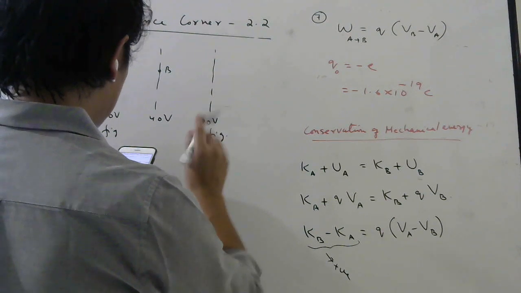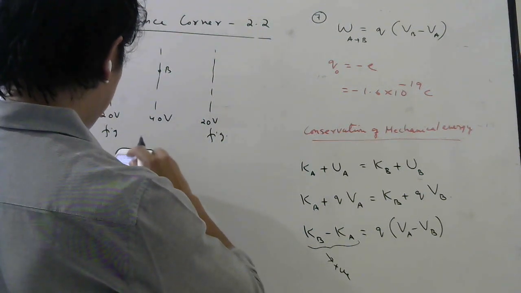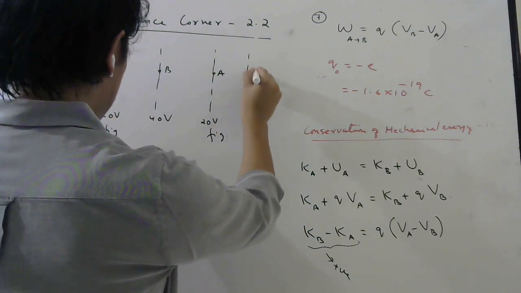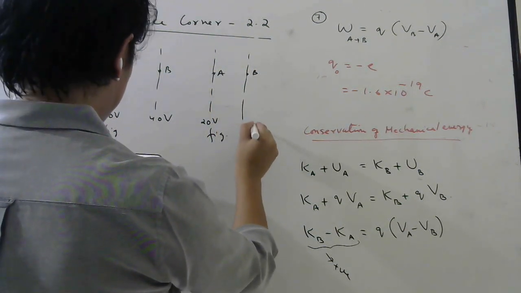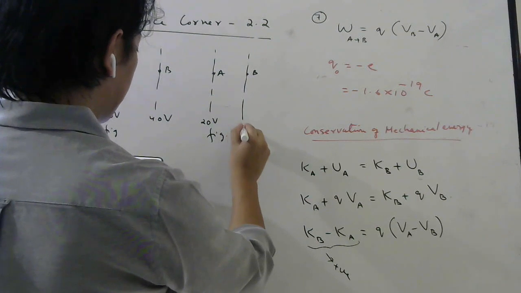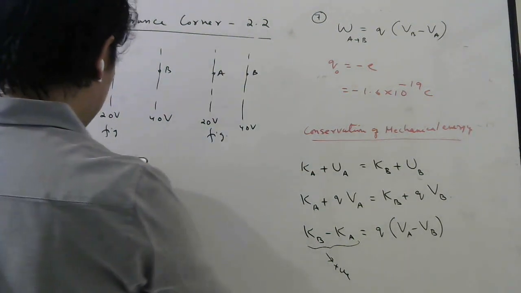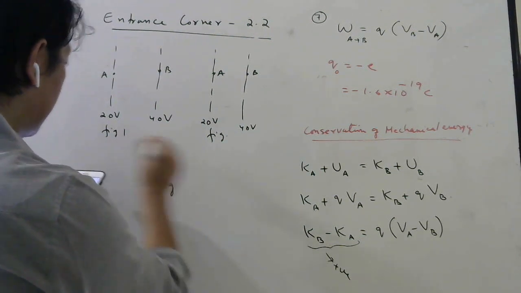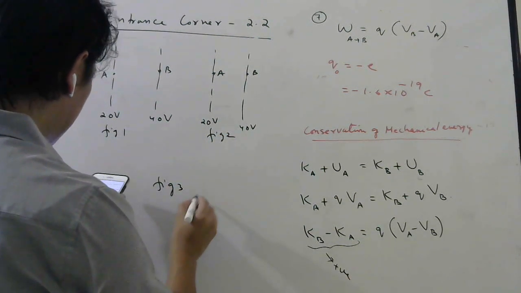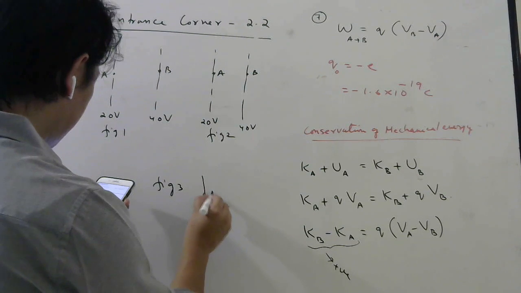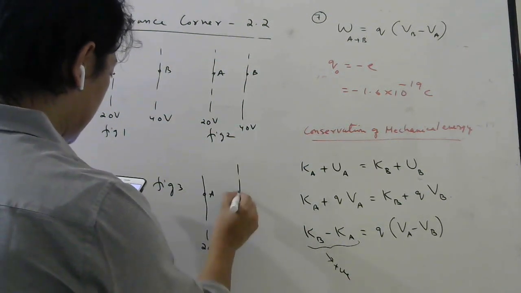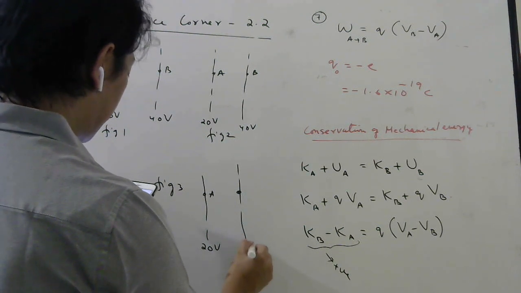Point B is on the fourth line, which has, no, 40 volt. Here they have mentioned it. Similarly, for the third figure, point A, if you observe carefully, is 20 volt and point B is 40 volt.